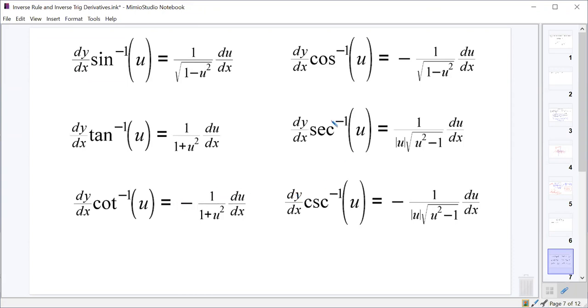Right? And what about between the secant and the cosecant? The only difference is a negative. So if you know sine, tangent, and secant, the co-functions are the same, just with a negative in front of them. So that should be relatively easy to remember. Any issues with that?